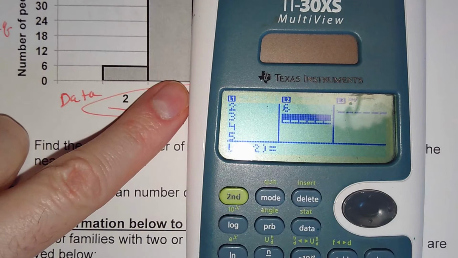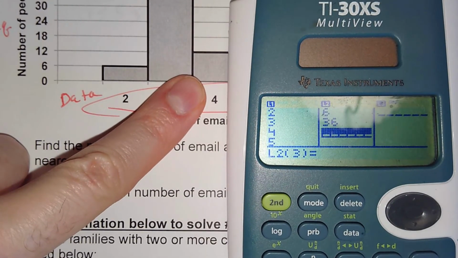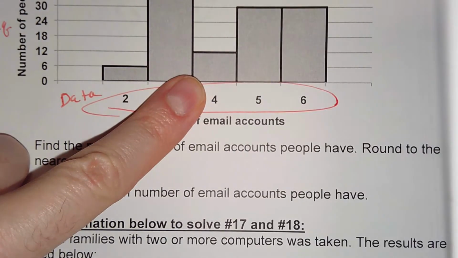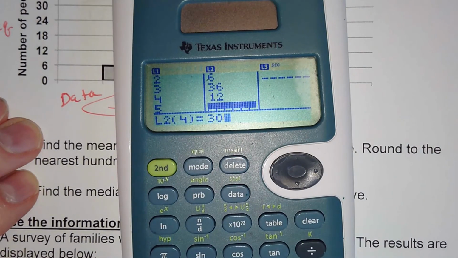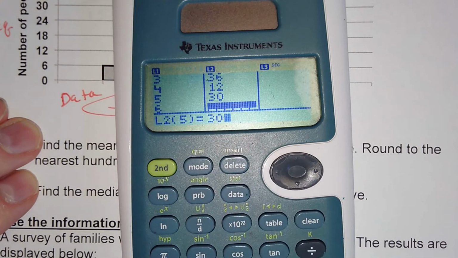For the 3 was 36. The 4 here was 12. And the 5 and 6 were 30 each. So just remember, I'm putting the x's in L1, my y's or my frequency in L2.